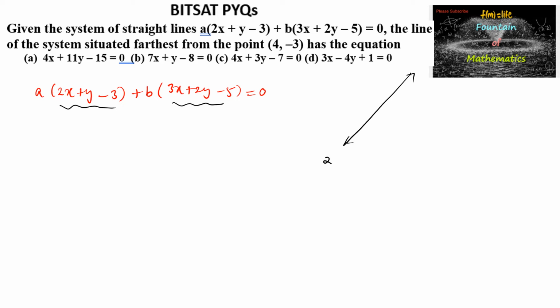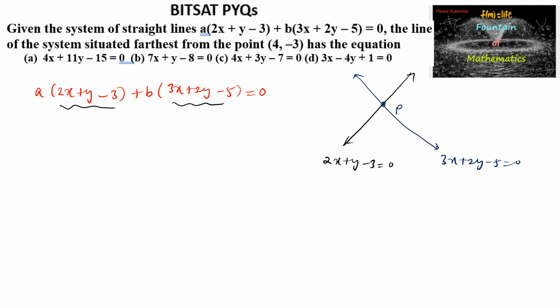One line is 2x plus y minus 3 is equal to 0, and another line is 3x plus 2y minus 5 is equal to 0. So there are different infinite families of straight lines passing through the point of intersection of these.